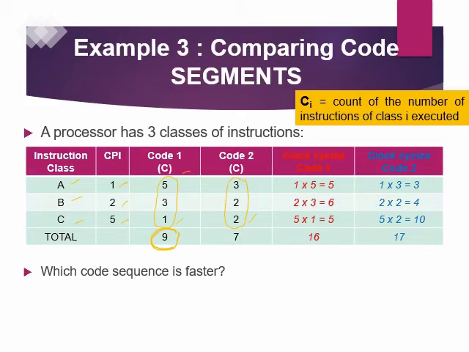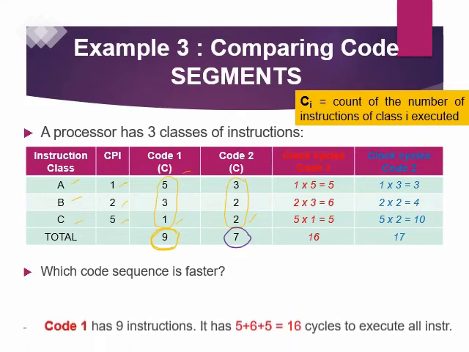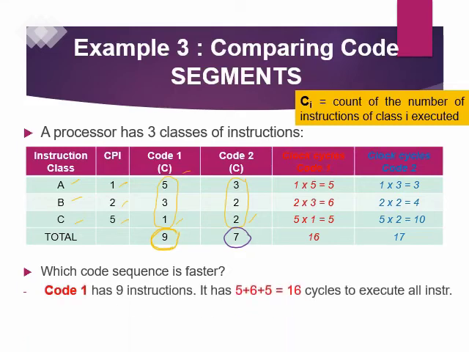And for code 2, it has 7 instructions. So it looks like code 1, because it has more instructions, maybe it is slower because code 2 has only 7 instructions. But yeah, we need to consider clock cycle.